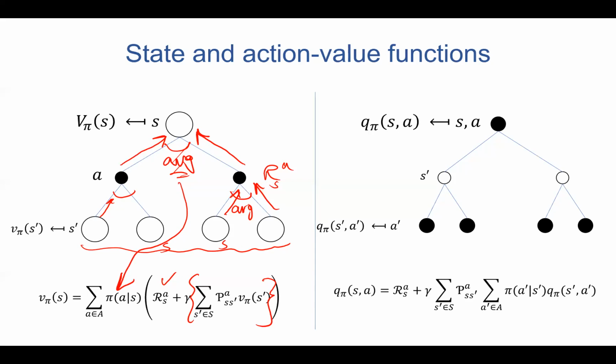So the bigger sum is the average at the top, and the smaller sum is the average right here for specific states. Make sense? And for the Q values, we can do exactly the same. So for the small, now you see that the larger, the pi A of S becomes the inner average or inner sum, because we are averaging over the actions in here.